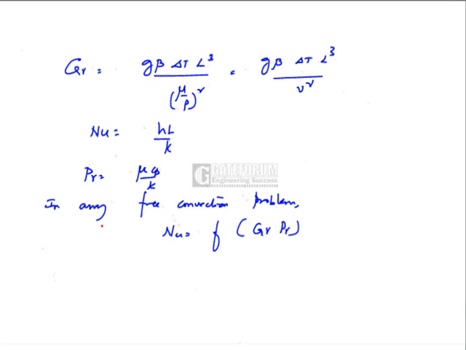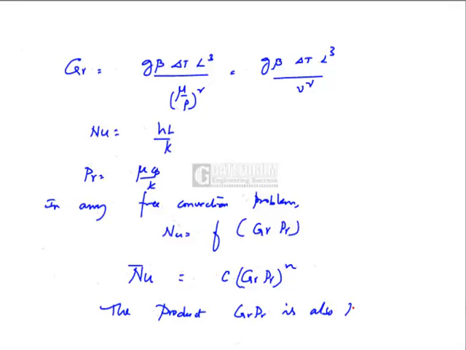In empirical correlations for natural convection, Nusselt number is usually given as C into (Gr Pr) to the power of n. The product Gr Pr is also known as Rayleigh number.